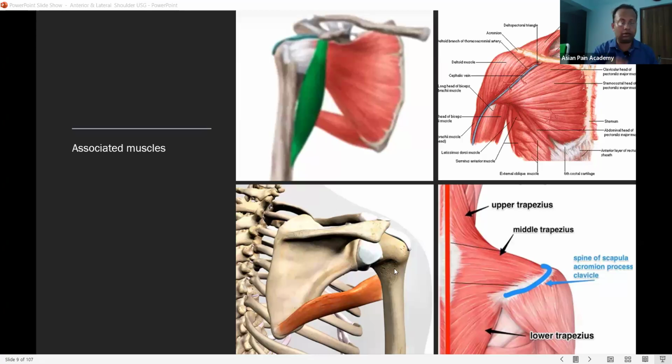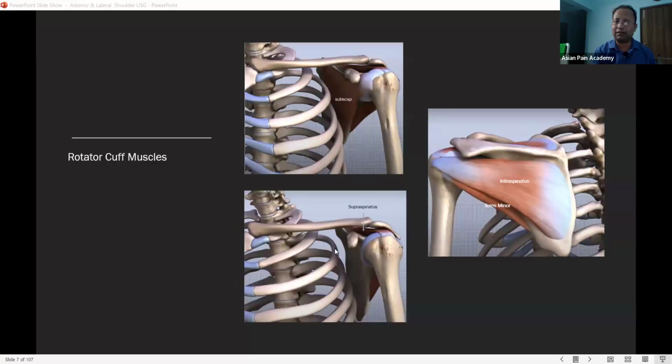So you understand that when we are talking about the muscles, the most superficial muscle between the clavicle and the spine of the scapula will be the trapezius, and after that the second layer of muscle will be the supraspinatus. Whereas on the lateral side, the most superficial muscle will be the deltoid, and after that other muscles like infraspinatus and teres minor.